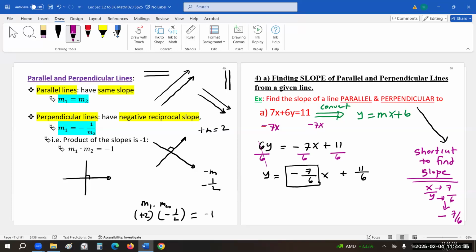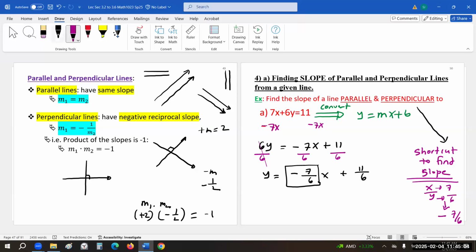Because we are moving x to the other side. So when x and y are together, we have to change the sign. For anything, if you have x and y together, then you can just divide the x coefficient by the y coefficient and change the sign. It's a shortcut.